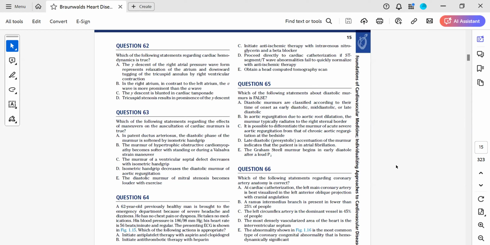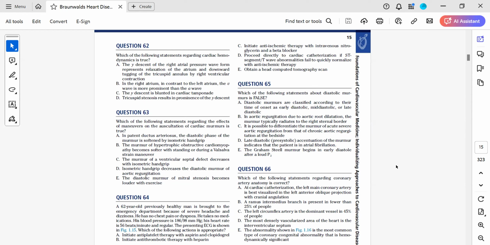I know that this is true, because in cardiac tamponade there is effusion working against the relaxation of the ventricles to fill. So definitely the Y descent will be blunted. So I think option C will be true.